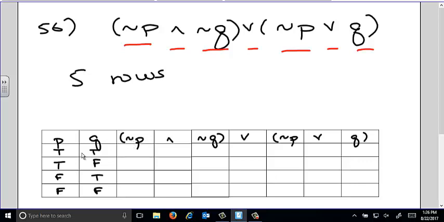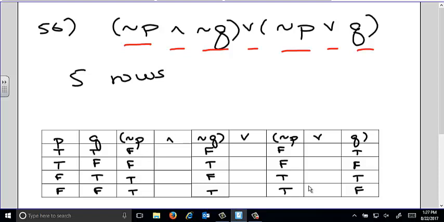Negation of P, opposite of that, false, false, true, true. Not Q. There's Q, not Q is false, true, false, true. Not P, we just did that, false, false, true, true. Q, here's Q, just copy it, true, false, true, false.